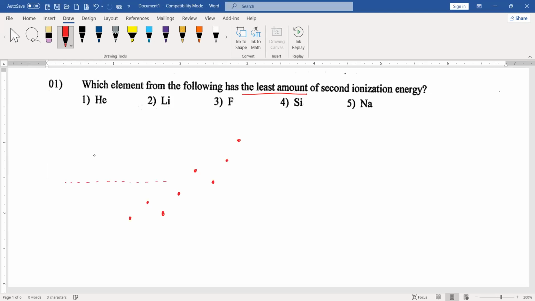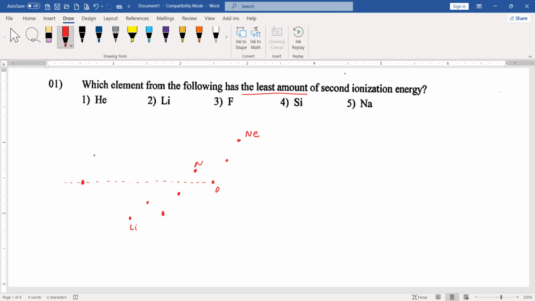Actually, it is the same value. So this is oxygen starting from lithium, then nitrogen, oxygen, and here neon. Then the ionization energy of hydrogen is here.